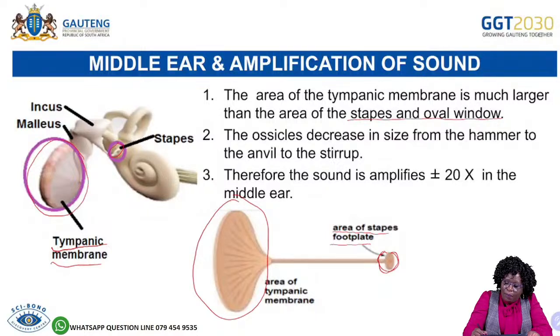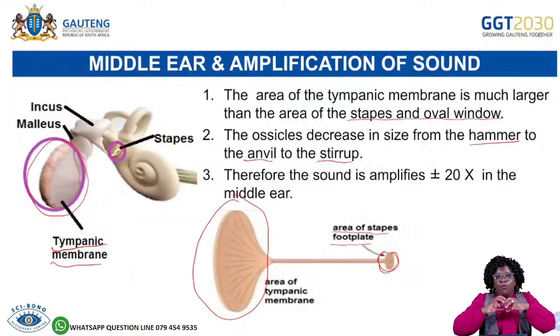You will speak about the malleus, the incus and the stapes, so the sizes become smaller and smaller. This is practical. You can see the sizes on the diagram there. Therefore, the sound is amplified plus minus 20 times in the middle ear. In fact, when it enters, there must be an increase in volume so that by the time sound is interpreted, you are able to hear exactly what is happening.